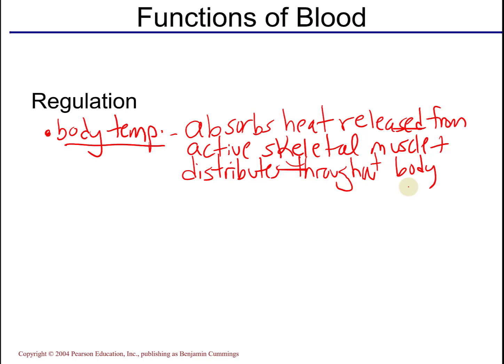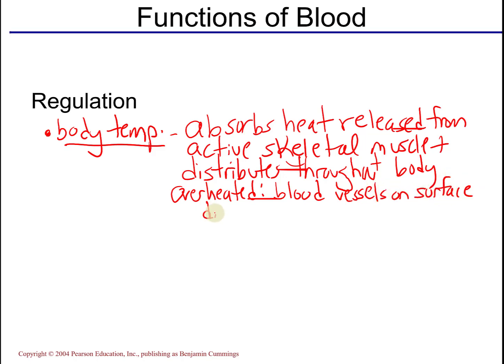Now, another way it does it is that when you are overheated, there are blood vessels on the surface of your skin which dilate. That means they enlarge, and as they do, the blood comes to the surface, cools off, and then dives back down.